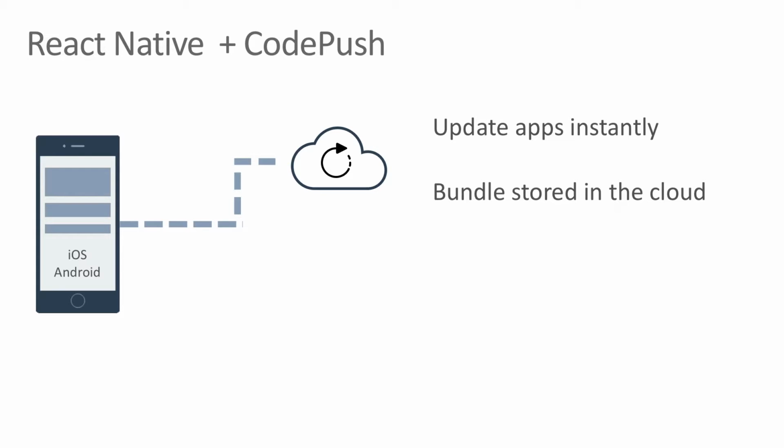So if you inadvertently ship a critical breaking bug that is causing a deluge of 1-star reviews, you can quickly respond to that, issue a hotfix, and CodePush it out to all of your end users.